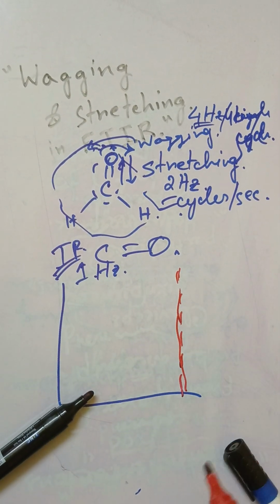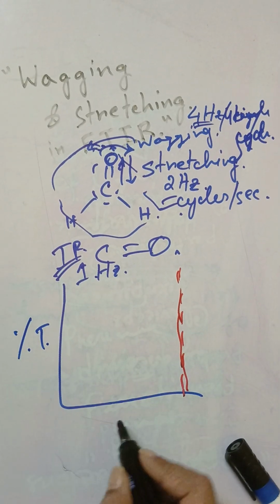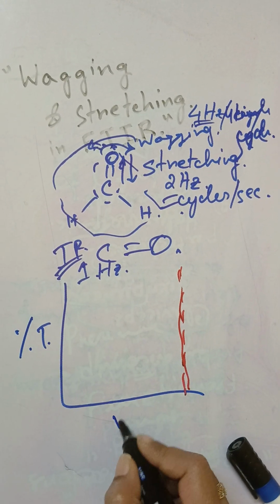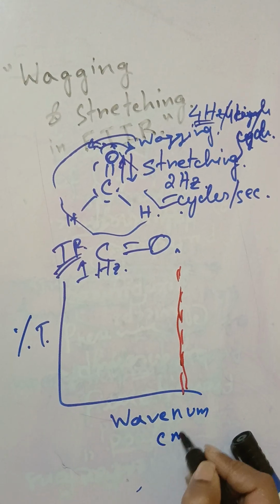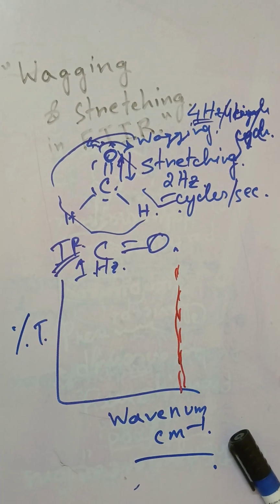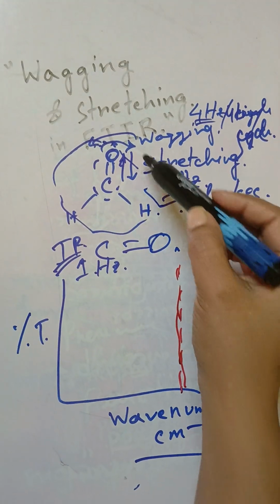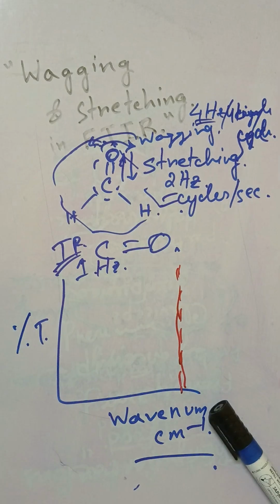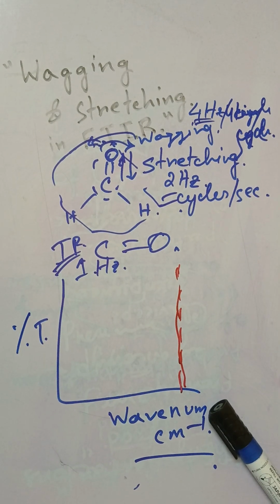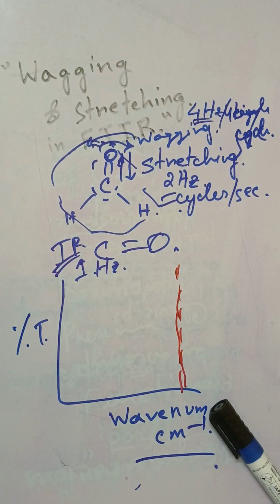This axis is percentage of transmittance, and that is wave numbers in inverse. Always remember, the stretching frequency in carbonyl containing compounds is 2 hertz and 4 hertz for the wagging movement.